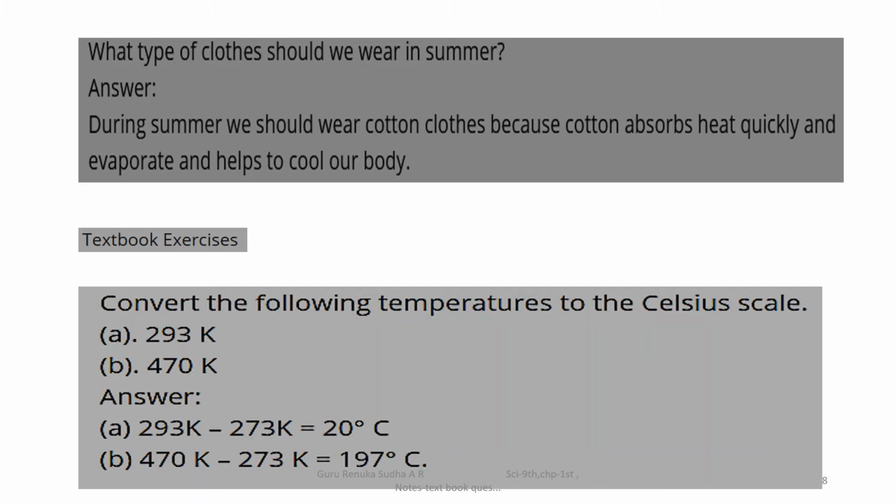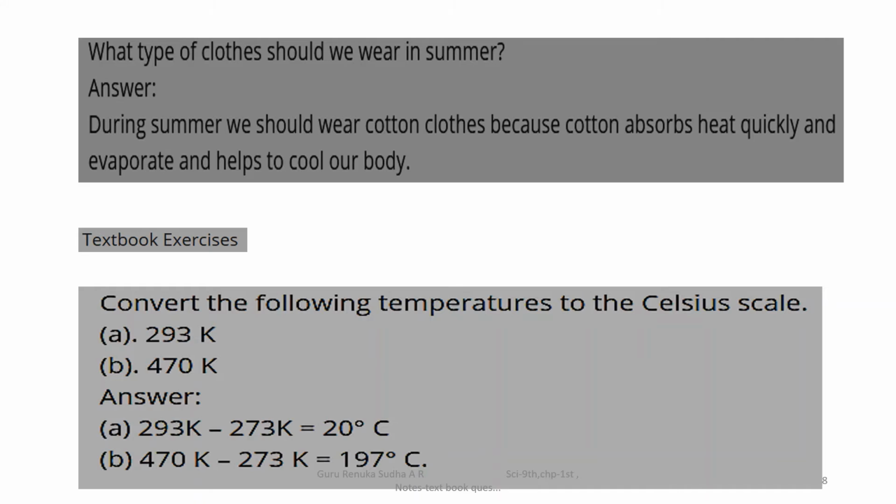If they ask why, then they are not in a position to answer. But now you are in a position to answer. Why do you like to wear cotton clothes in summer? Because cotton absorbs heat quickly and evaporates, and helps to cool our body. That's why we like to wear cotton clothes in summer.